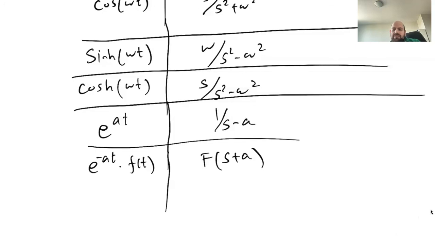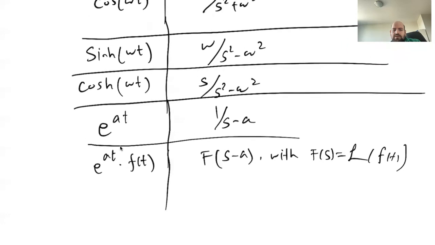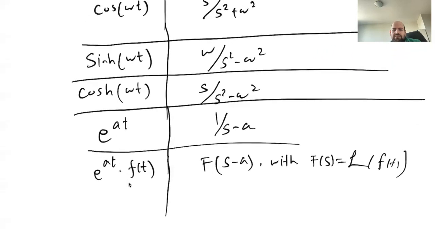So this is a special case of this. If f of t is 1, then according to this formula, the Laplace transform of e to power at will be F of s minus a, where F of s is the Laplace transform of 1, which is 1 over s. So F of s minus a will be 1 over s minus a, which is what we saw here. So we derived these formulas as well.